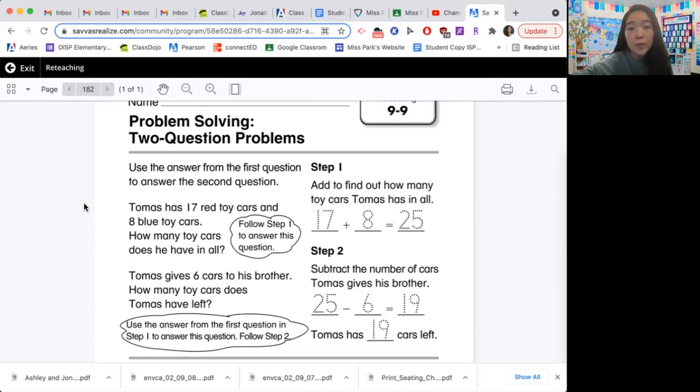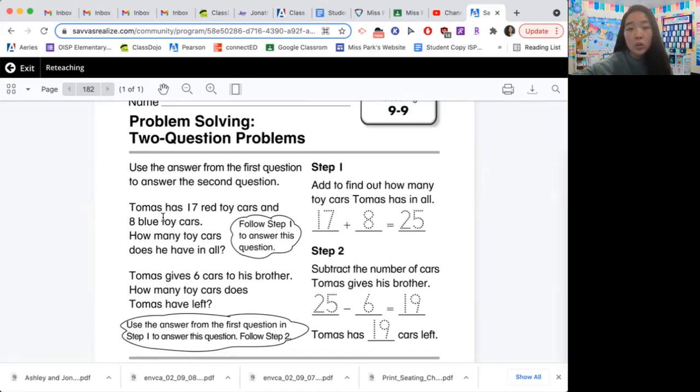Use the answer from the first question to answer the second question. Tomas has 17 red toy cars and 8 blue toy cars. How many toy cars does he have in all? Tomas gives 6 cars to his brother. How many toy cars does Tomas have left? Now, this is a 2-part question.